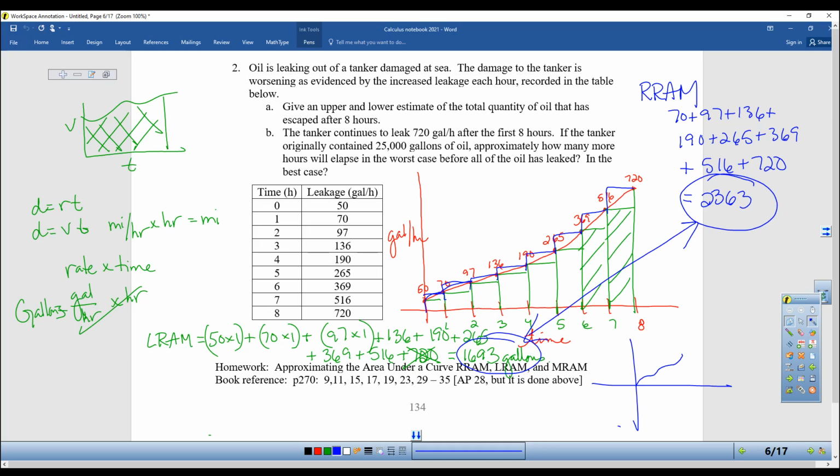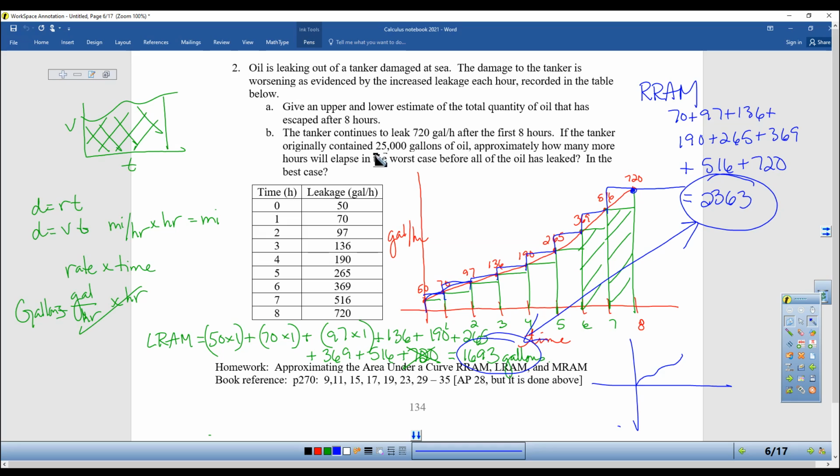Absolutely. So now, once it reached 720 gallons per hour, it's not losing any greater speed after that point. It just stays at 720. So maybe a hole was created and kept getting bigger and bigger, but now the hole is stabilized and it's losing at exactly 720 gallons per hour.